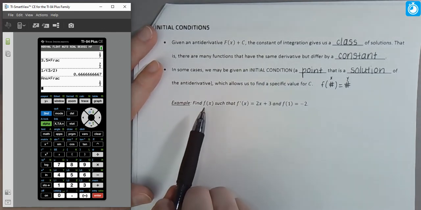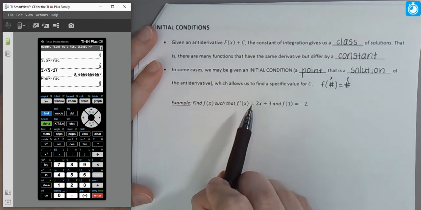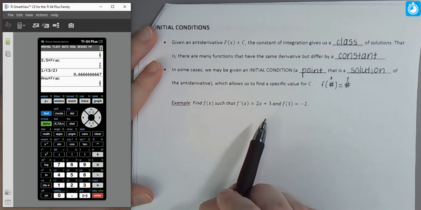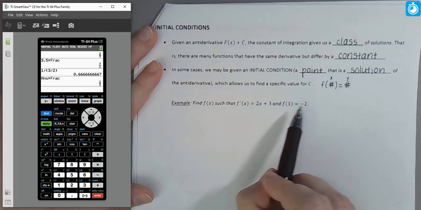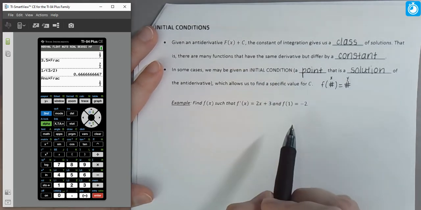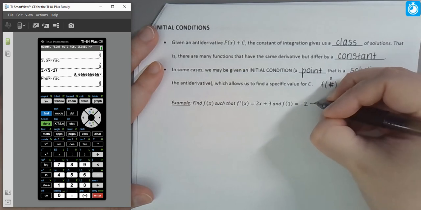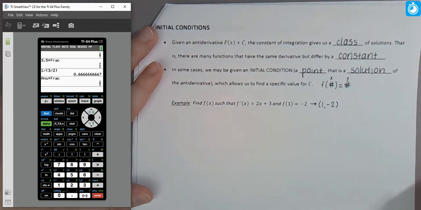So we want to find f of x, find the function, such that the derivative is 2x plus 3, and f of 1 is equal to -2. So this piece of information right here, that's our initial condition. Essentially, what we're being told is that the point (1, -2) would be on the graph of the function that we're looking for.